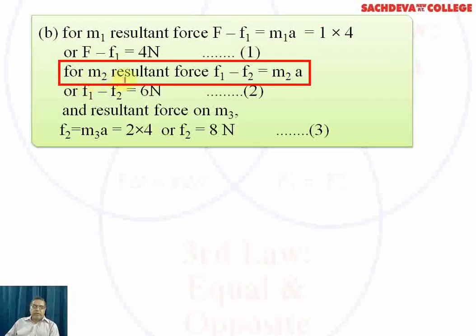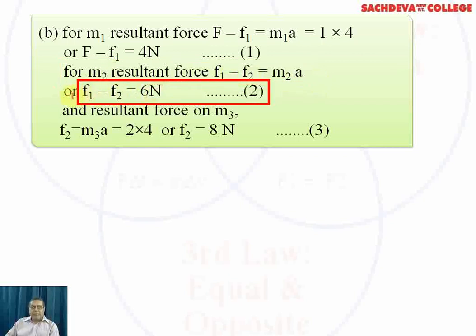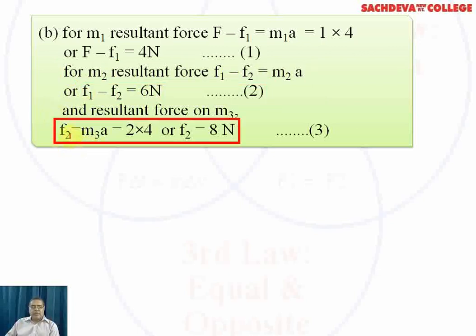For M2, the resultant force F1 minus F2 is M2a, and by computing the values, it will become 6 newtons. That is the second equation. In the third figure, there is only one force, so F2 is equal to M3a. We put the values and we get 8 newtons.